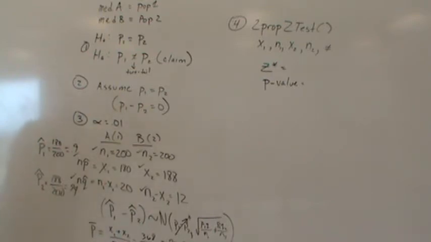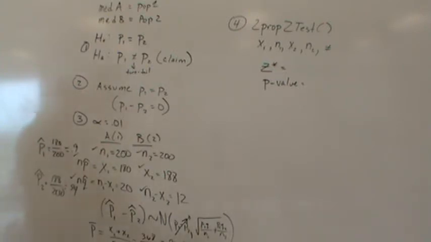Now, what is x1? x1 is 180. What is n1? 200. x2 is 188. n2 is also 200. And we're doing not equals. And that's it. And we calculate.